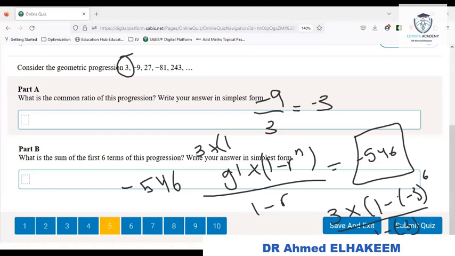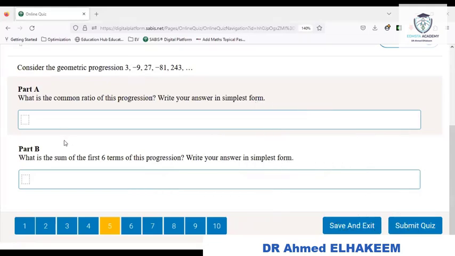They want the sum. If you substitute, 3 times 1 minus negative 3 to the power of 6, then 1 minus 3, negative 5, 4, 6. Okay, you are right. I was just checking that you are awake.